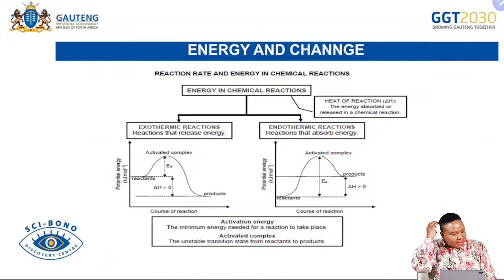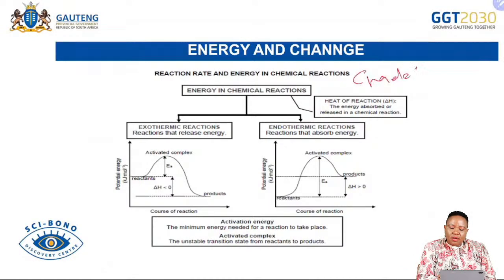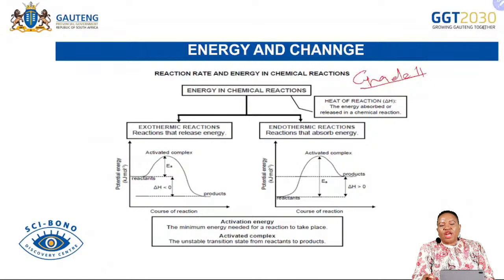When we look at question 5, it is starting from grade 11 knowledge, which was energy and change, where we look at exothermic and endothermic graphs. They are still very much examinable. Go through them, see how they differ in terms of the shape. Also know the labelings on each graph, the activation energy, the activated complex, and the meaning of each term.